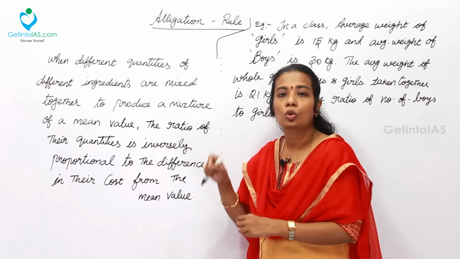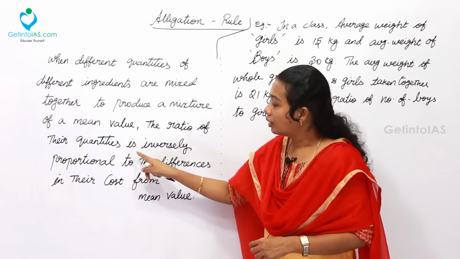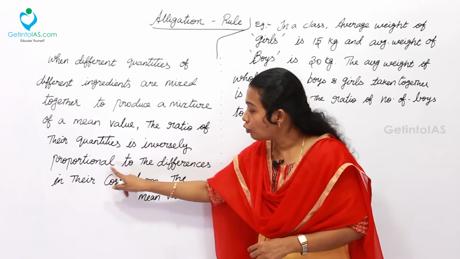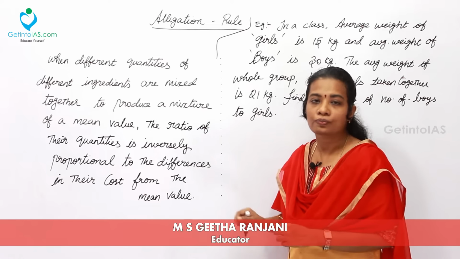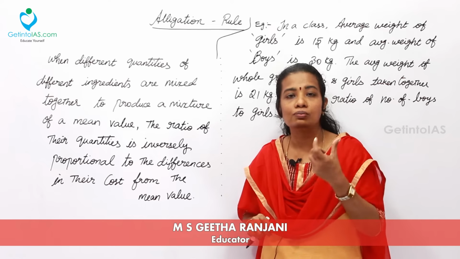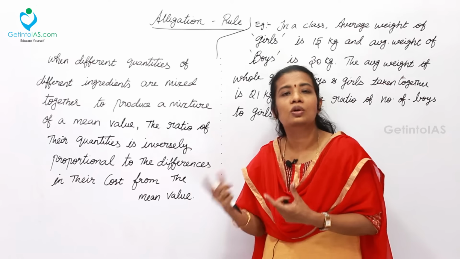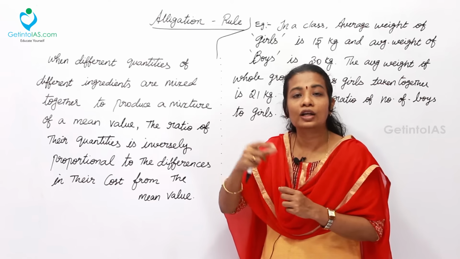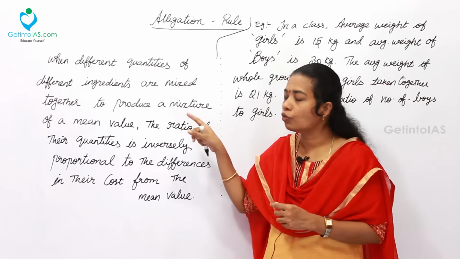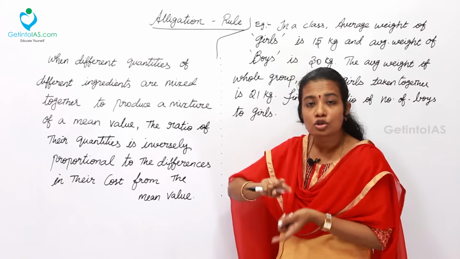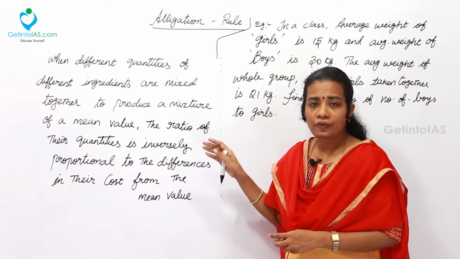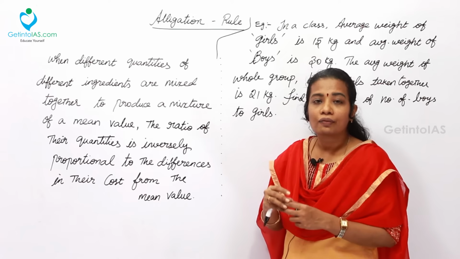After calculation, you will find the ratio is inversely proportional to the differences in their cost from the mean value. If you are getting a value from class A, it will belong to class B, and if you are getting a value from class B, after some operation, that value will belong to A. That is called inversely proportional, the opposite value. This is a very effective and useful way of calculating complex average problems.